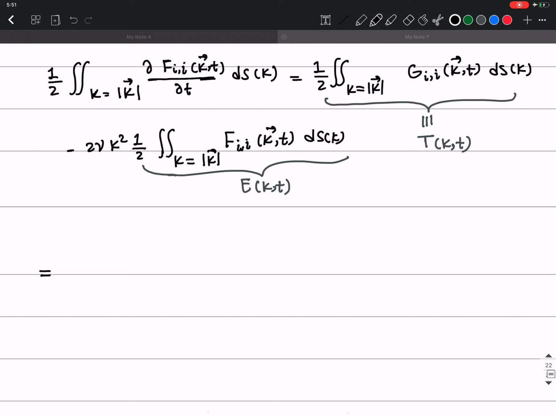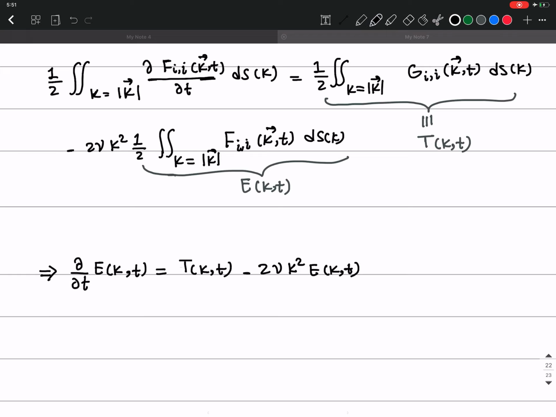So what we get is: partial E(k,t) over partial t equals T(k,t) minus 2 nu k squared E(k,t).